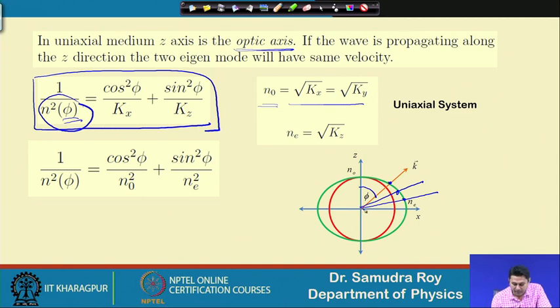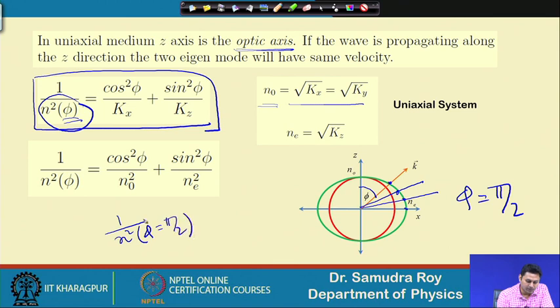And when phi is pi by 2, according to this equation, cos pi by 2 is 0, so this term will cancel out. So 1 divided by n squared, with phi equal to pi by 2 at this point, what will be the refractive index of the system?